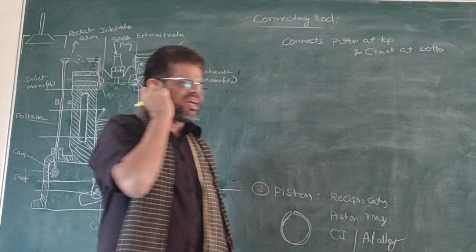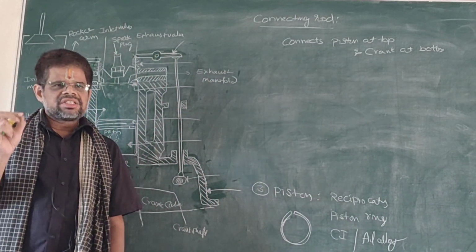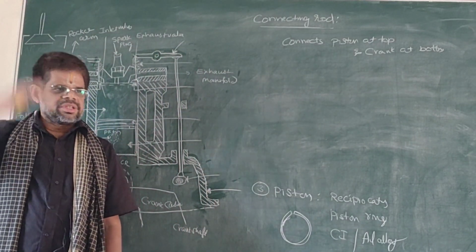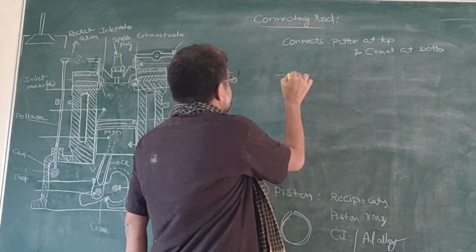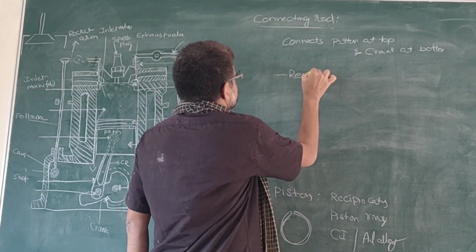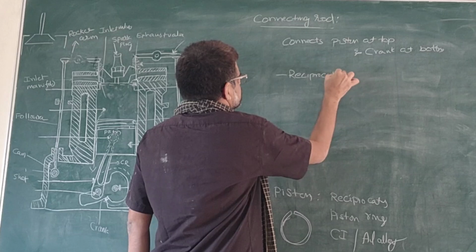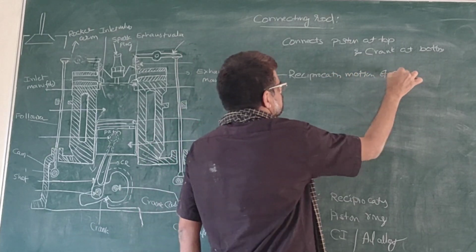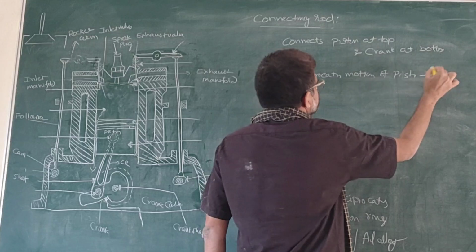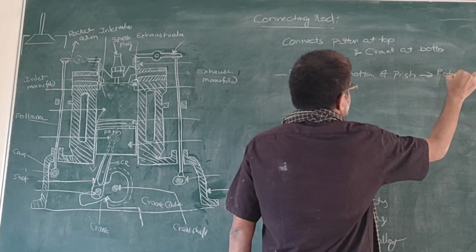So what is the function of connecting rod? It converts the reciprocating motion of the piston into rotary motion of the crank. So it converts the reciprocating motion of the piston to rotary motion of the crank.